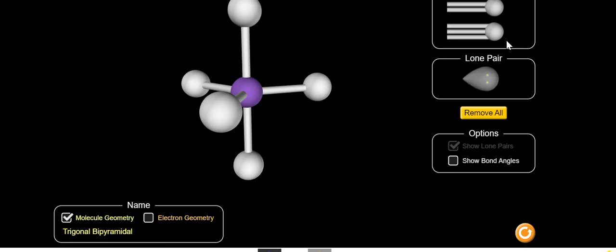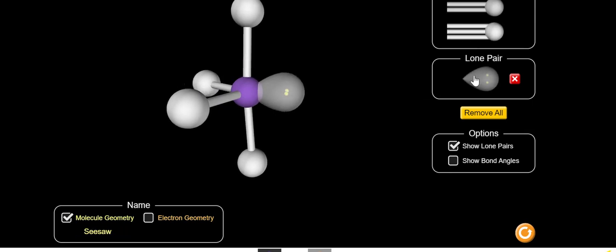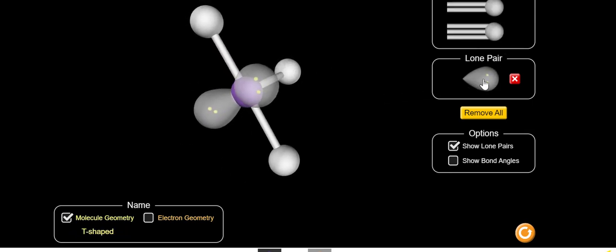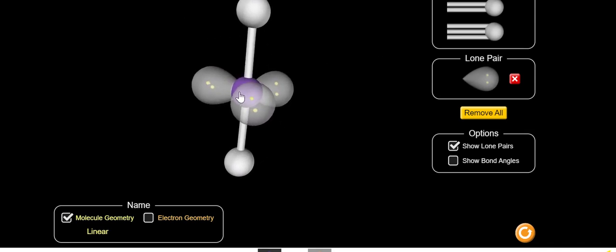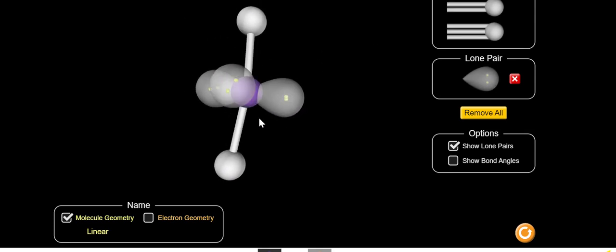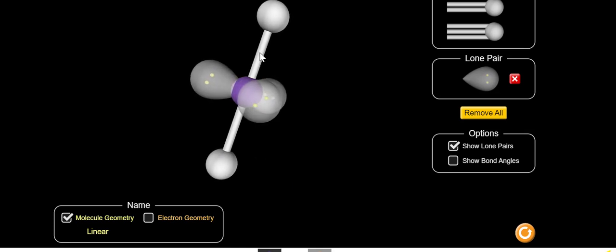So I'm going to add 3 lone pairs and remove the 3 bonding pairs. As you can see, it will become linear. So the bond angle is 180 degrees.